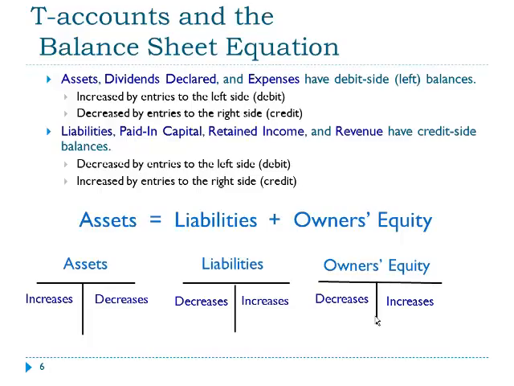In comparison, liabilities, paid-in capital or contributed capital accounts, retained earnings, and revenue have credit side balances. Liabilities have credit side balances because you can't have more decreases to a liability than you have increases. Nobody overpays their liabilities. So we always have more increases than decreases.